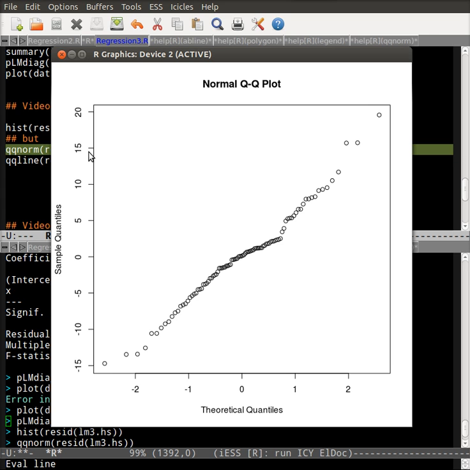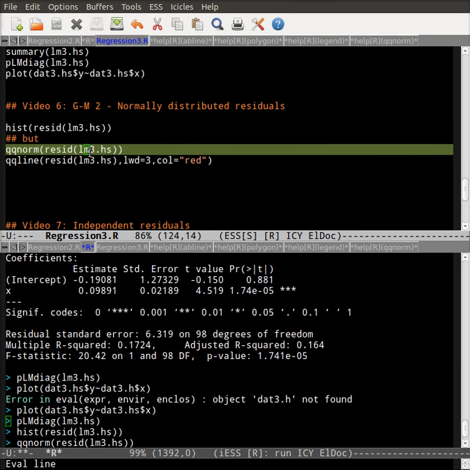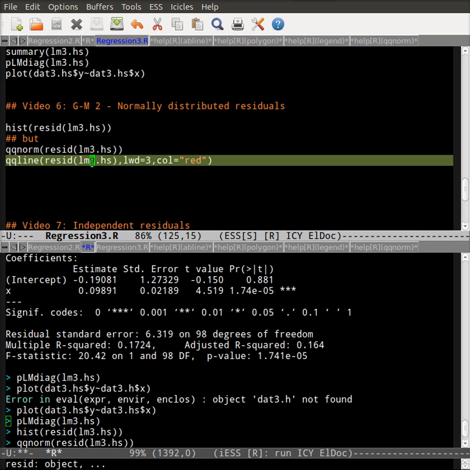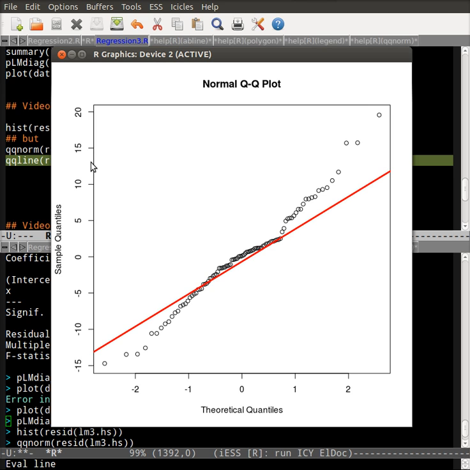Here's the QQ plot, and in order to have a good understanding of that, I need a reference line. And there's my reference line, and you can see that it's not normally distributed, or at least there are some deviations in the tail.